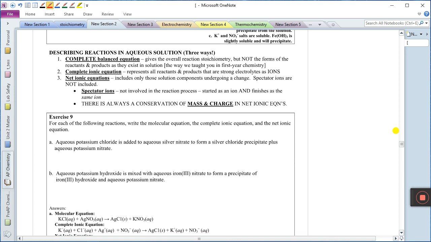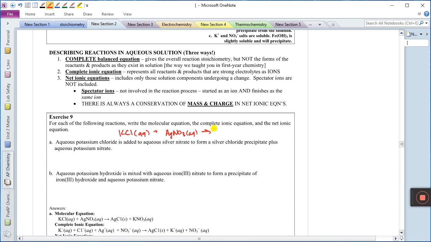So the first one, we've got aqueous potassium chloride is added to aqueous silver nitrate to form silver chloride precipitate plus aqueous potassium nitrate. So we start by writing our regular equation. So potassium chloride is KCl, and it tells us it's what? Aqueous plus silver nitrate, which would be, well, what's the formula? And aqueous.